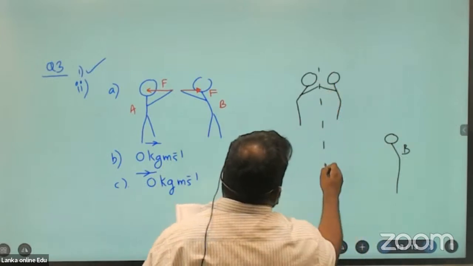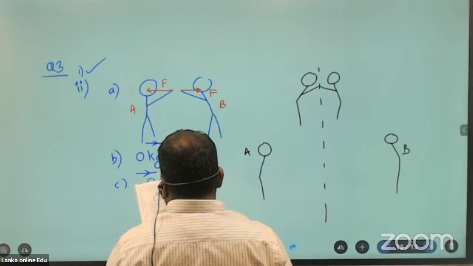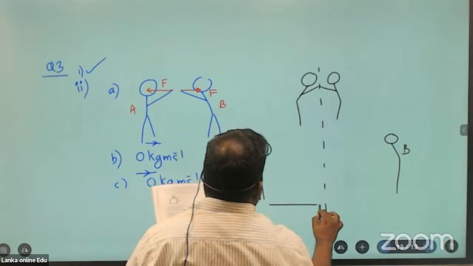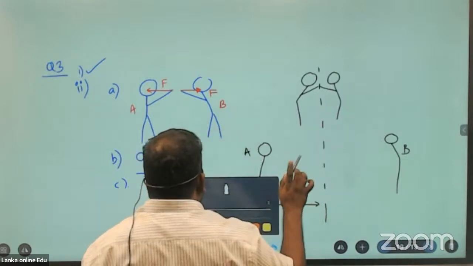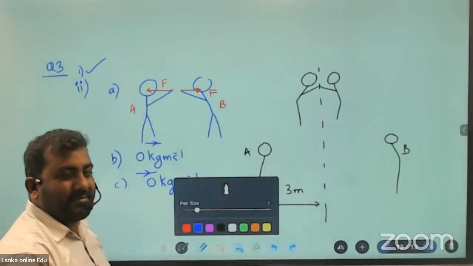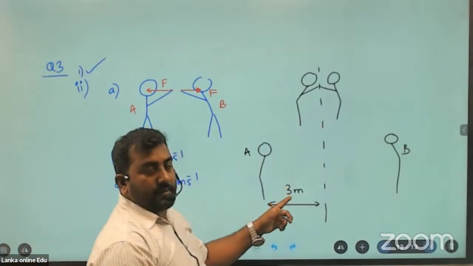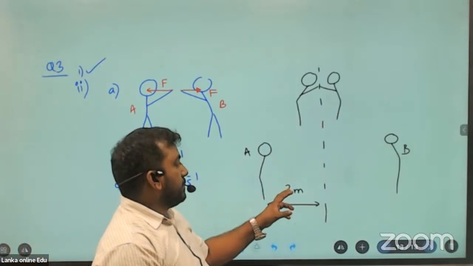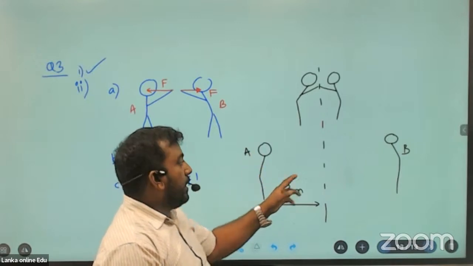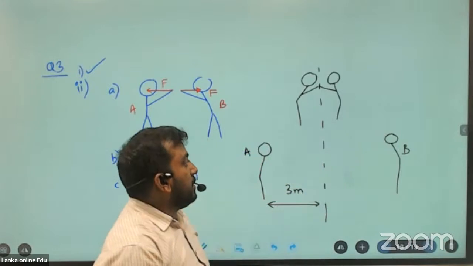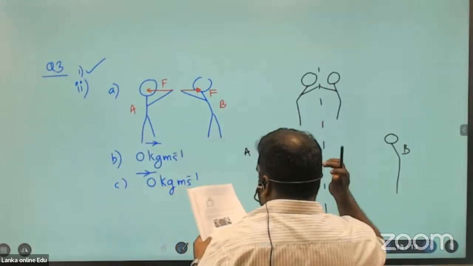Let's say starting position is here. Distance moved by B when A has moved 3 meters from the initial position. Now, whenever you have a problem like this, don't panic. Simple. Actually, if it's MCQ advanced, you can write in terms of displacement: mass of A into displacement of A, mass of B into displacement of B. They're asking the displacement of B.